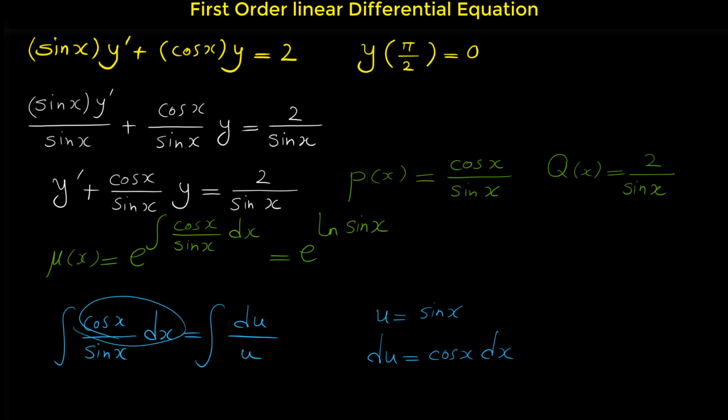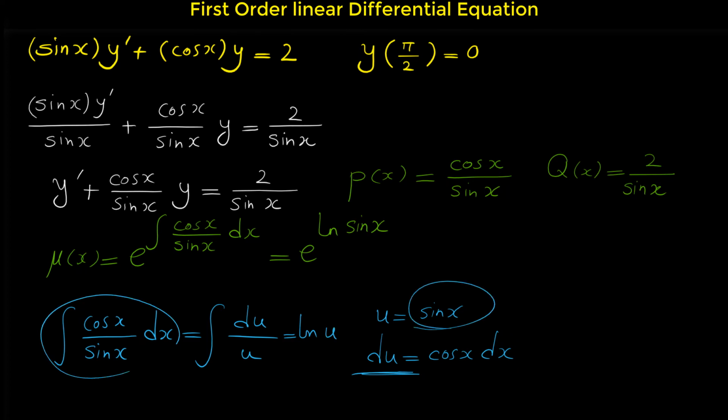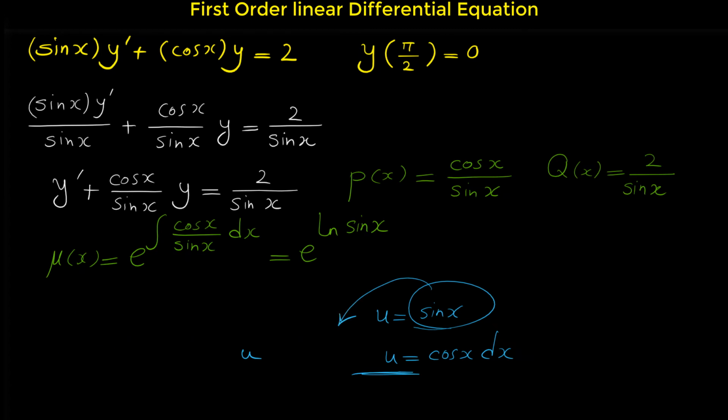All the expression in the top is du, as you can see here, and the expression in the denominator is u. And we know that integral of du over u, or 1 over u, is ln of u. But u is sine of x, so the integral of this expression is ln of sine of x. Let's get back to our question.